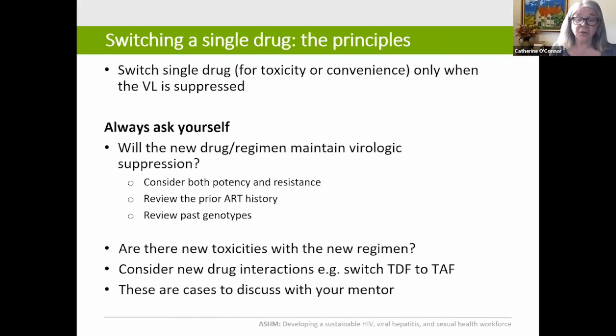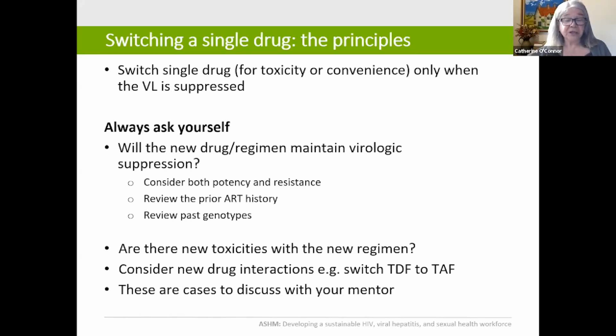So you always ask yourself, will the new drugs and regime maintain virological suppression? So need to consider the potency of the medications and the patient's resistance profile. We need to review his previous antiretroviral history and review past genotypes.